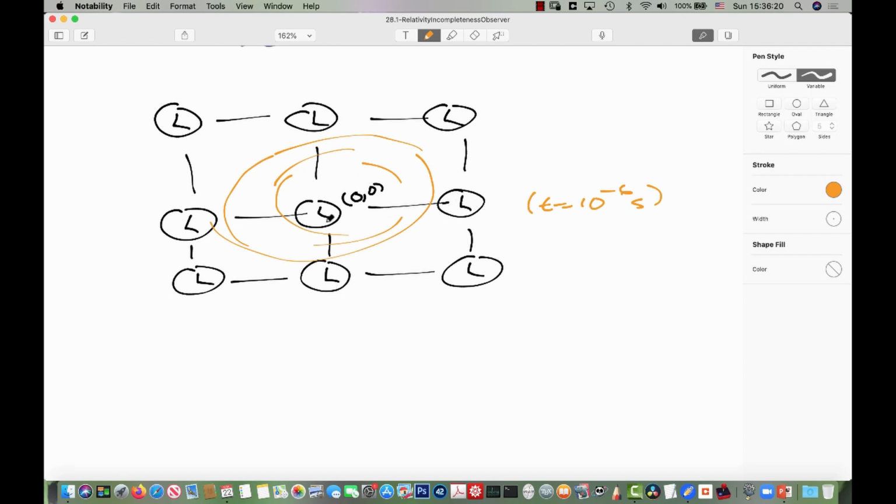Then when they see the firecracker go off, they just start their clock. Since their clock is preset to a millionth of a second, that's also what the clock here would have been reading, because light would have made it from here to here a millionth of a second after the firecracker went off at t equals 0. So this clock will have advanced by a millionth of a second as well.